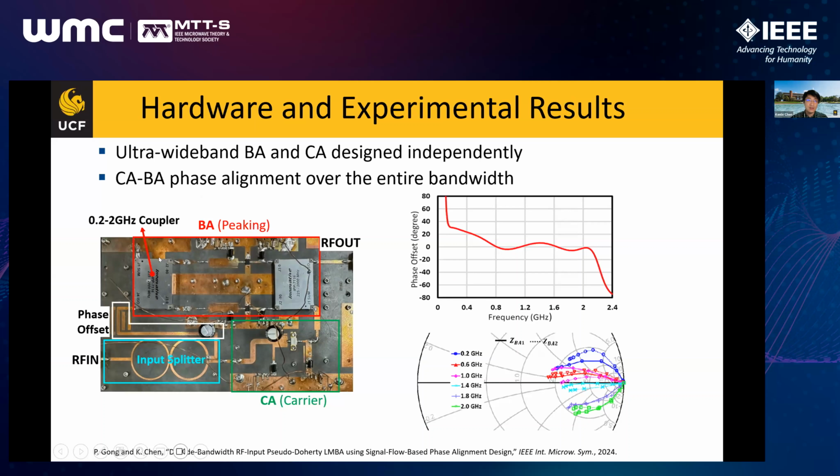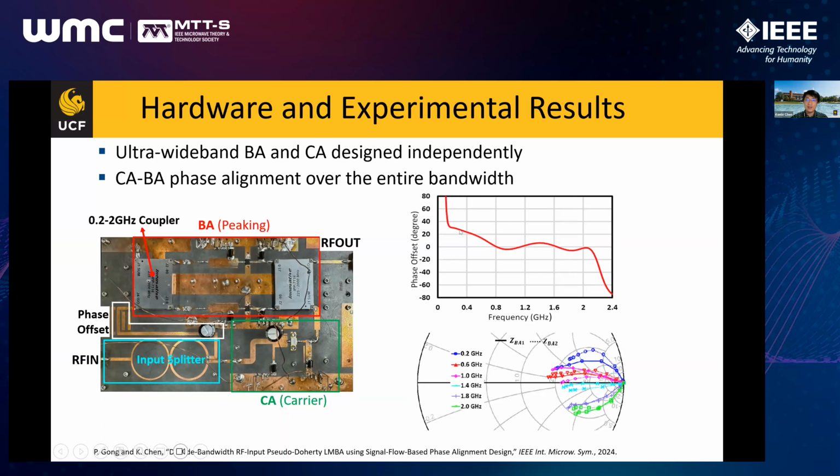Here we are using an ultra broadband quadrature coupler supplied by a commercial vendor. And here is the overall design with the input splitter, the phase offset, and the BNCA.